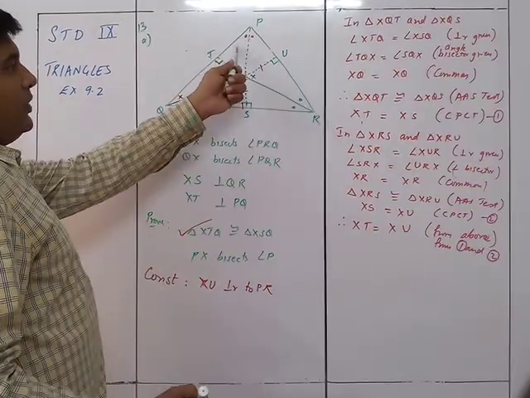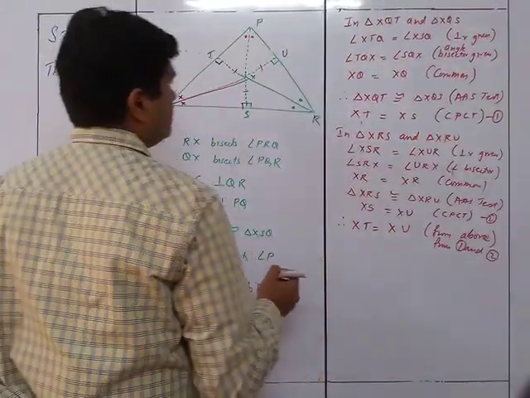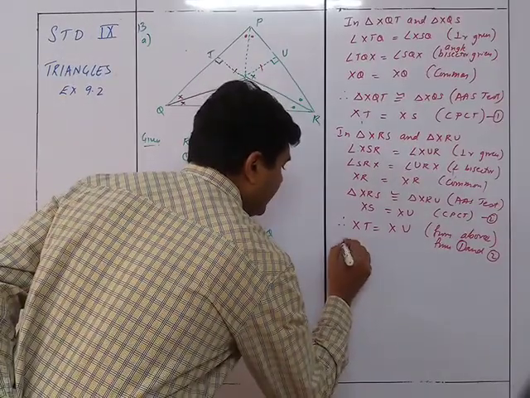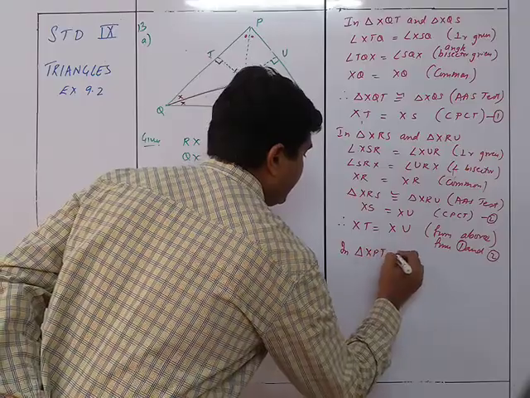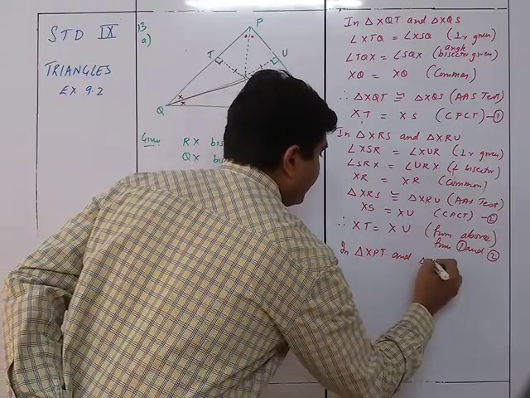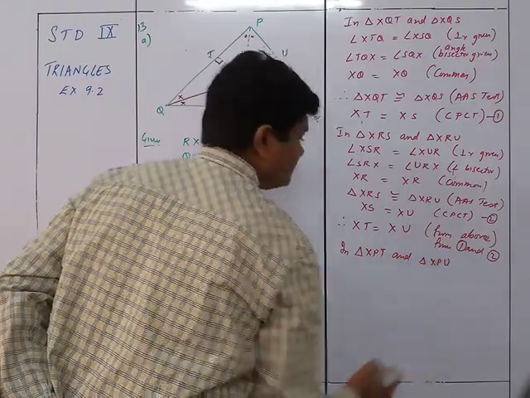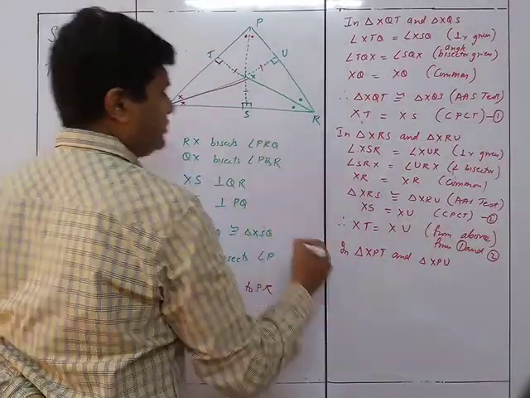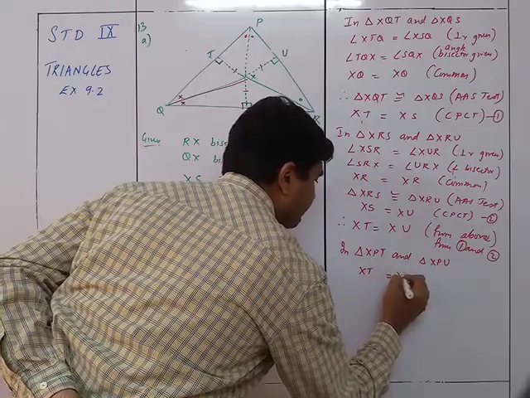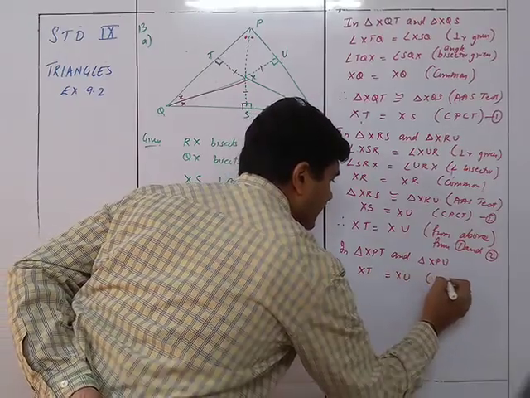Now we are going to take these two triangles. In triangle XPT and triangle XPU, we have XT is equal to XU, proved.